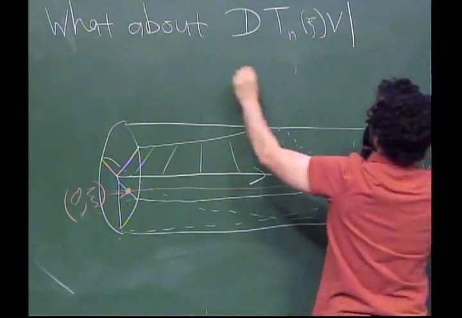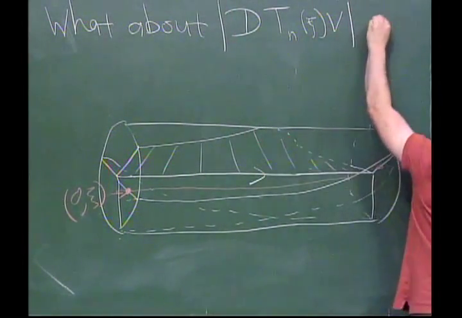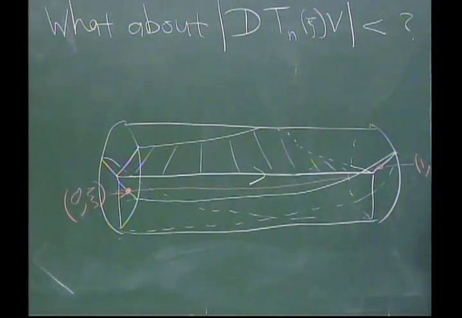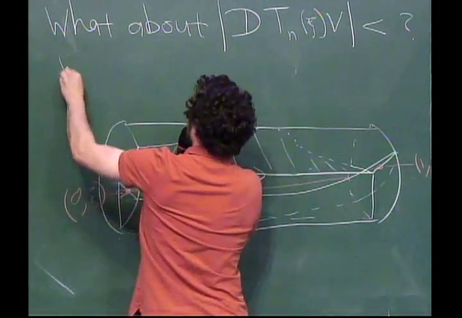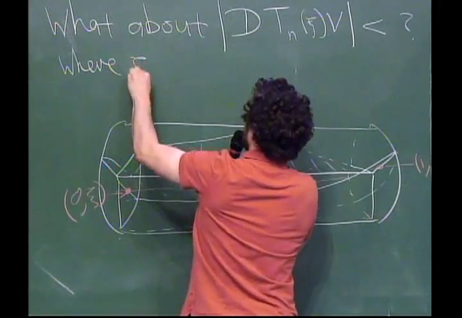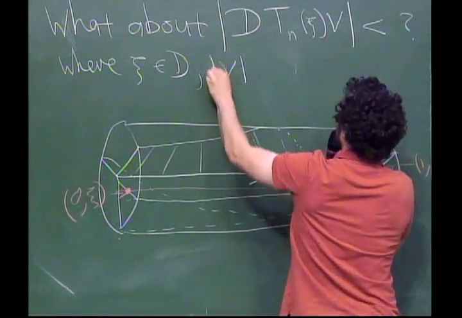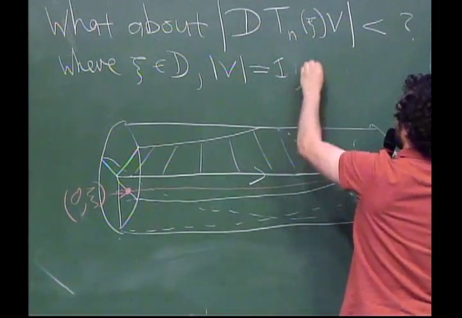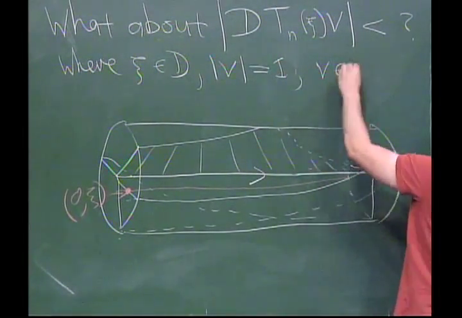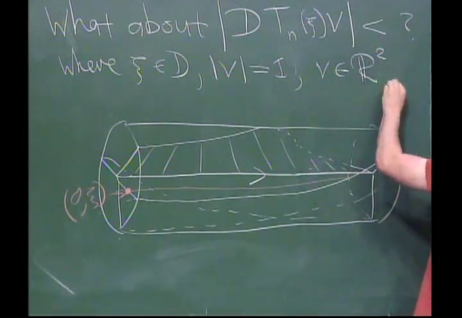Let's say v is unit length, and you'd like to get some bound on this. Where z belongs to D and |v| equals 1, v is technically in the tangent space at z, so that's in R2.